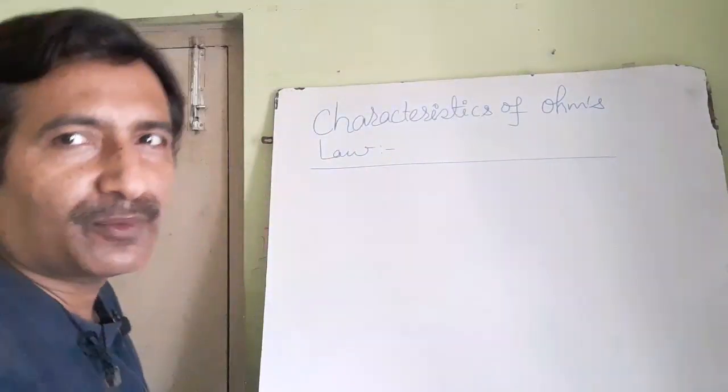So there can be two types of graphs representing the VI relationship, and they are called characteristics of Ohm's law.